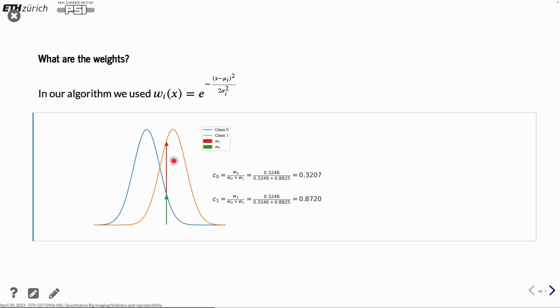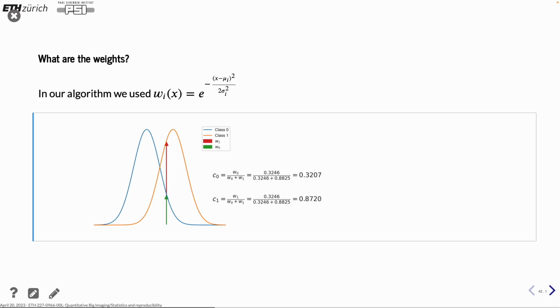And I compute the confidence values based on the weights I get from the blue curve and the weight I get from the red curve. And together we have weight 0 over the sum, gives us these values. And if I come from the left side, I have a low confidence. If I come from the right side, I have a much higher confidence at this threshold point.